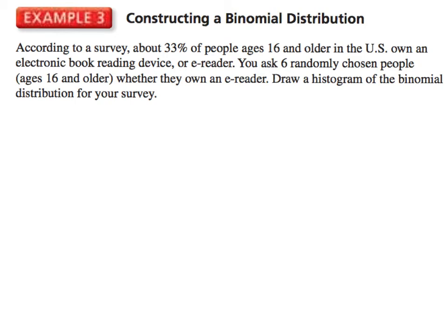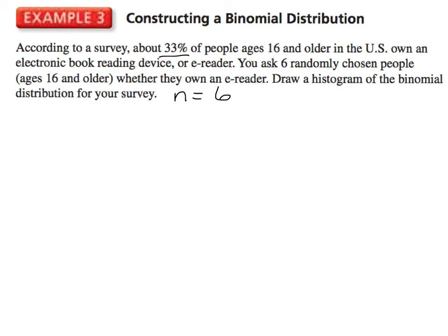We know that the probability that a randomly selected person has an e-reader, it says right here, is 33%. Because you survey 6 people, n, if we look back at our formula, our key idea, n is what? n is the number of trials. So n would be 6. That's how many times it's happening.